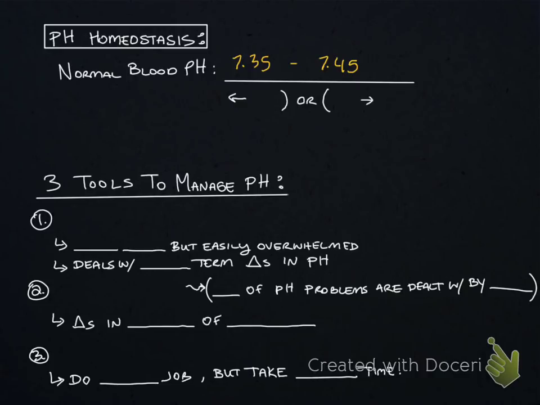I think it is actually even more precise, and it's really 7.38 to 7.42, right? We'll use this one though, just so you're aware. If you ever saw that on blood work, ABG or something, that's an arterial blood gas, ABG.